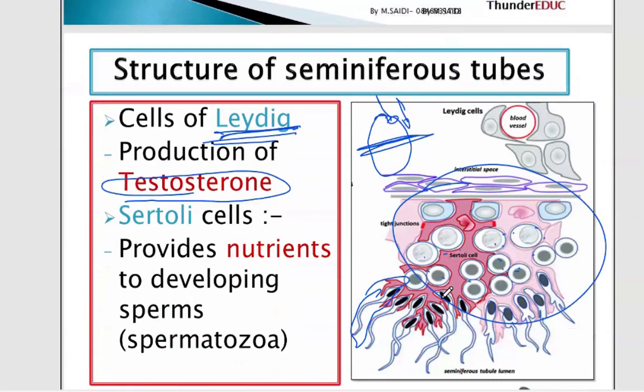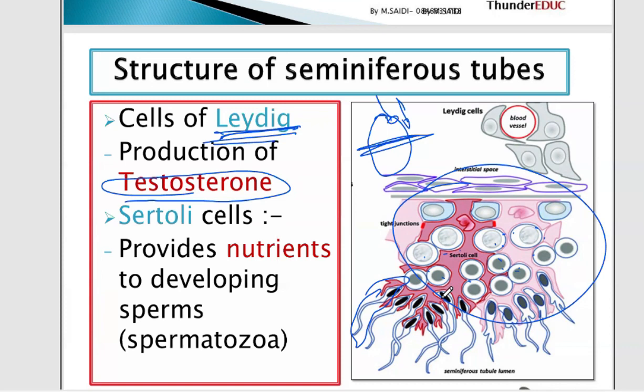Number two, when the sperms are developing, they don't just develop, because nobody develops without food. You require food to eat, and then you become healthy. Also, sperms require food for them to develop and become healthy. Where do they get the food?